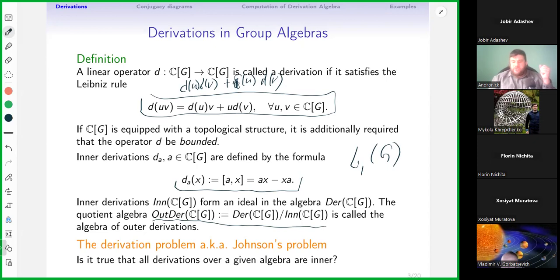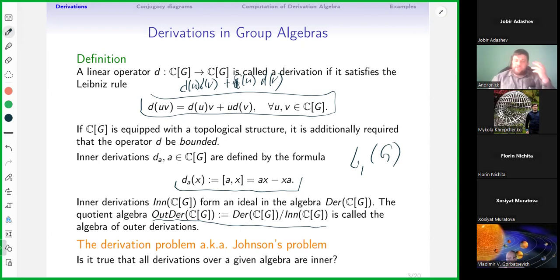It was published in Annals of Mathematics. And there are a lot of other papers which talk about different types of algebras and prove that there are no outer derivations, all derivations are inner. For example, you can find such results for von Neumann algebras and in some other cases.